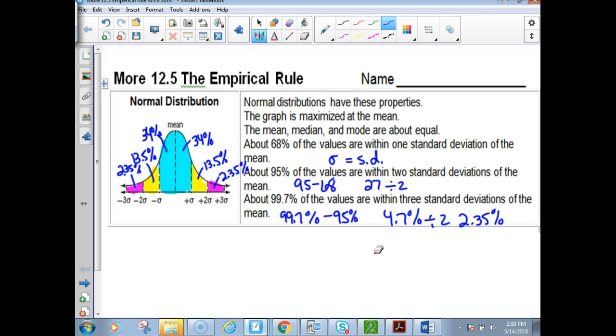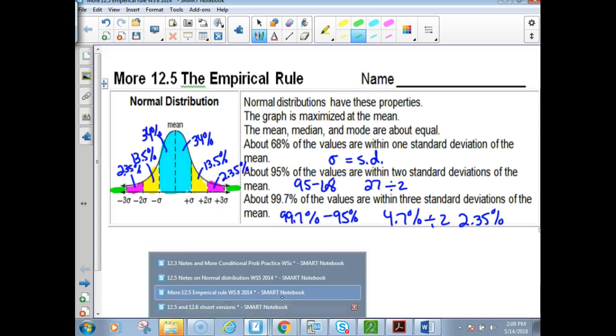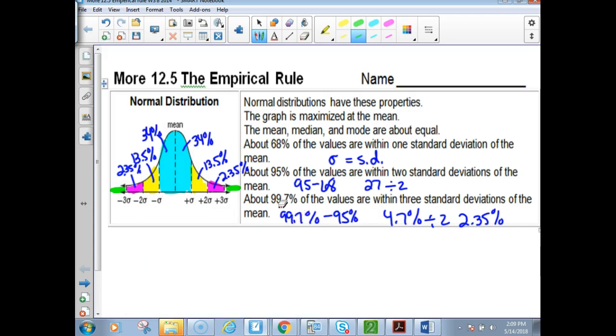Now let's think about the last thing that we haven't yet, which would be what's beyond 3 standard deviations. Well, what do we have left? 99.7% is within 3 standard deviations of a true normal curve.